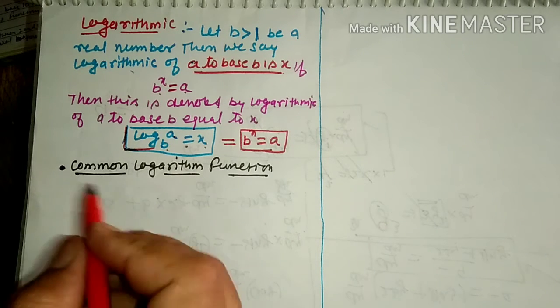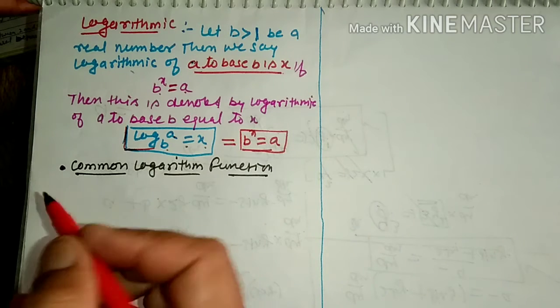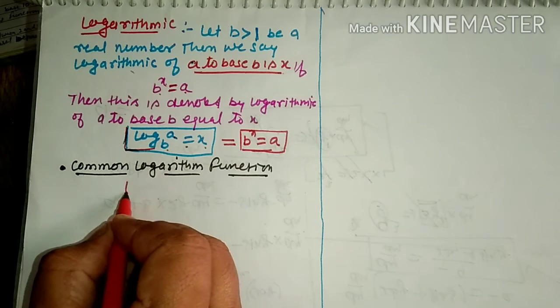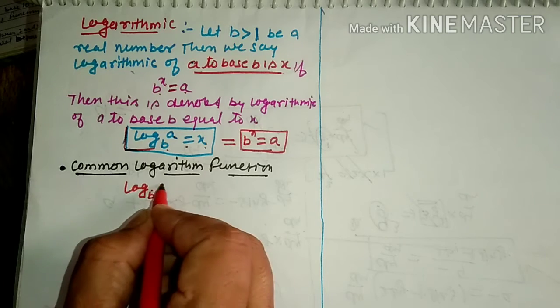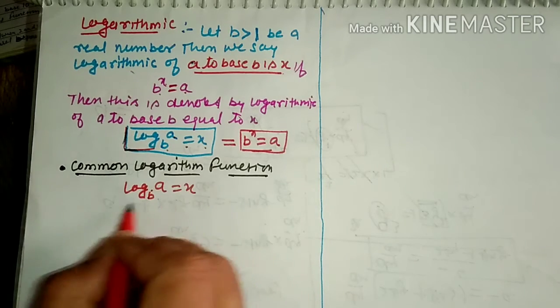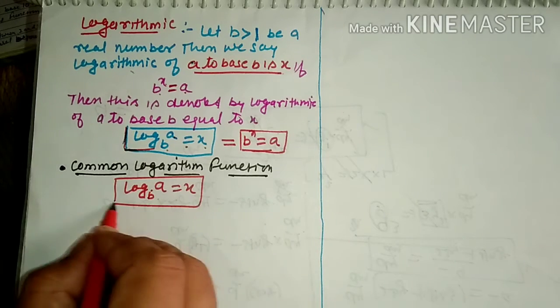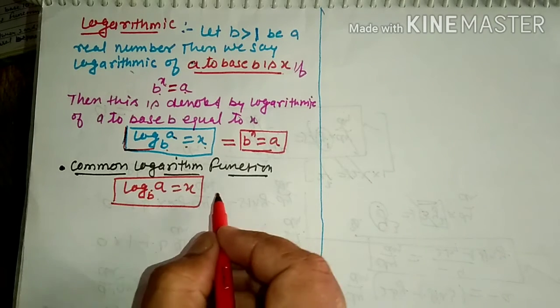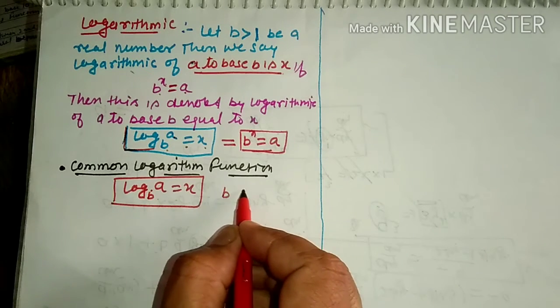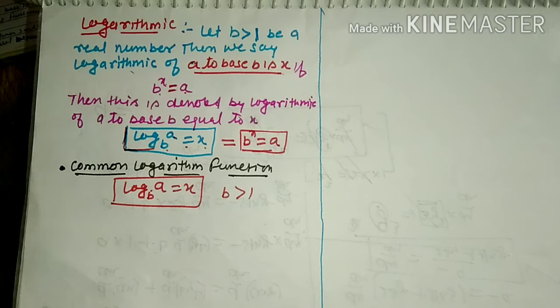Common is one whose base is any constant: log base b of a is equal to x. In this case b is any constant greater than 1. Clear?